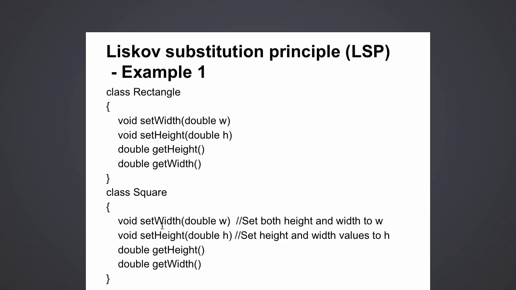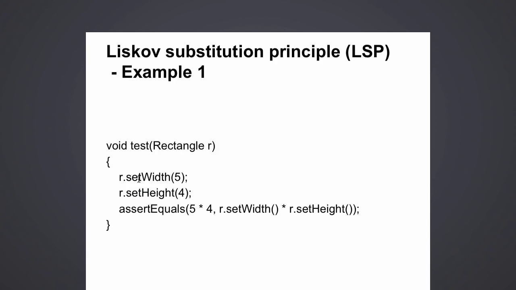Whenever somebody does a set width, I'm setting both width and height to that. Whenever somebody is doing a set height, I'm setting both height and width to that. So square does not really have height and width. For the sake of reusing the functionality in the rectangle which is already there, if I make the square class extend a rectangle, then it would result in problems.